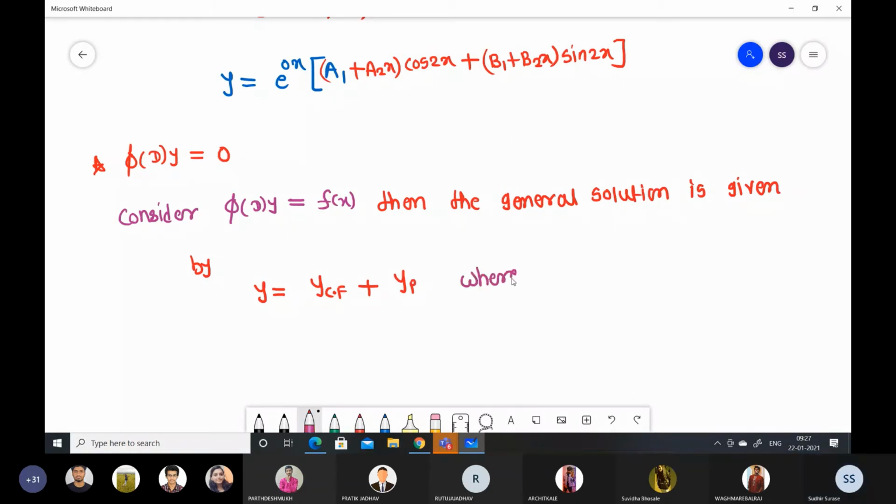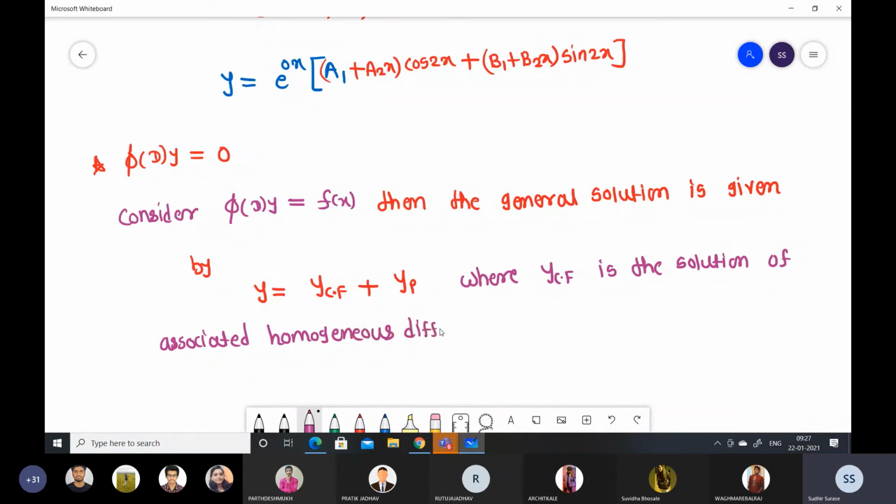Where ycf is the solution of the associated homogeneous differential equation, that means the solution of phi of D times y is equal to 0.